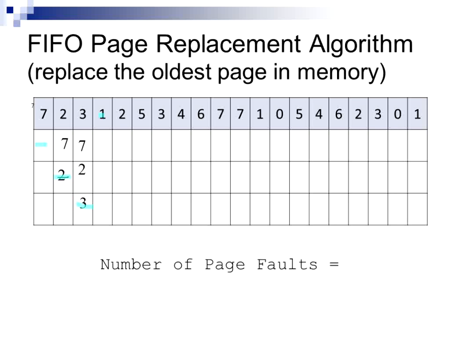But now page number 1 wants to come into memory, so what do we have to do? This is a first in, first out page replacement algorithm. So what we want to do is replace the oldest page in memory. So Hala has it exactly right, and RWA does too. We want to remove 7 and replace it with 1.